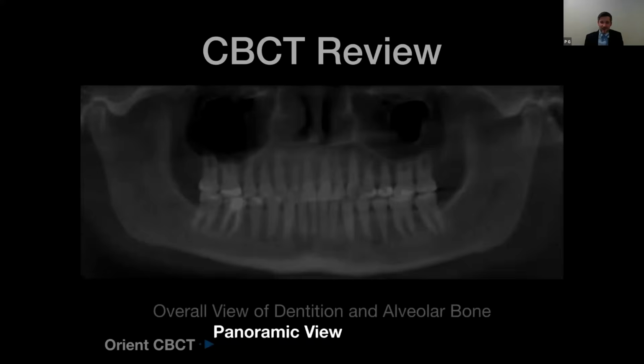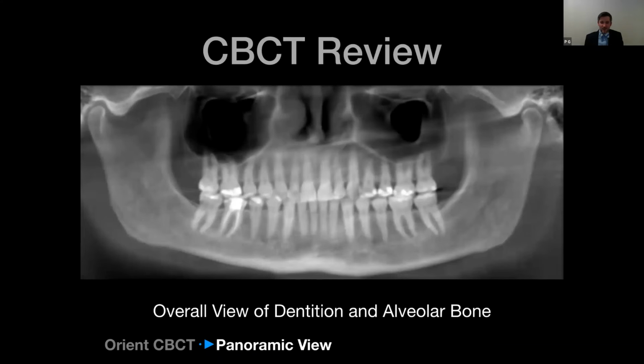So I like to make reconstructed pans just to get an overall view of the teeth and the bone around the roots. And this again gives me an overall view of the maxilla and mandible. So, I orient first, and then I like to make a panoramic from the cone beam.